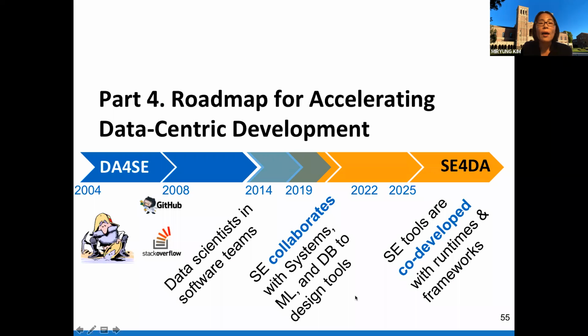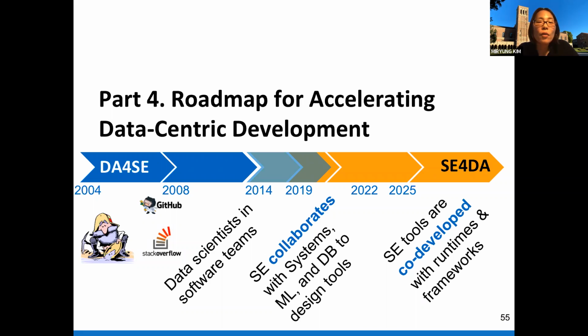When we look at our own community, software engineering, here is a roadmap that I see for accelerating data-centric development. For the past almost 15, 20 years, there has been tremendous focus on applying data analytics to software engineering, due to the availability of large repository data such as GitHub and Stack Overflow, and also the rise of a research community such as mining software repositories.